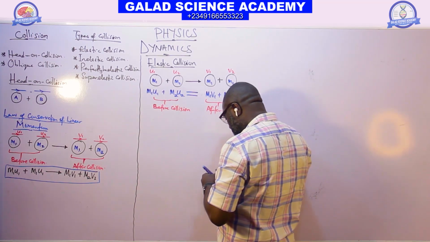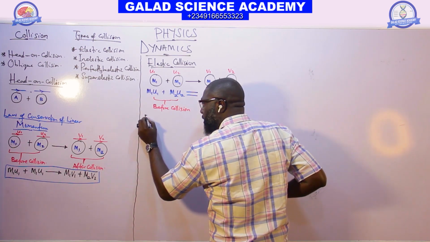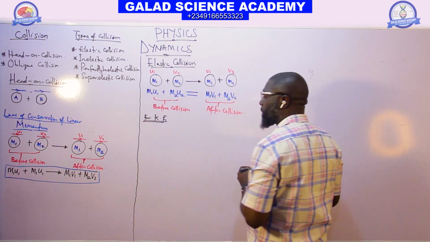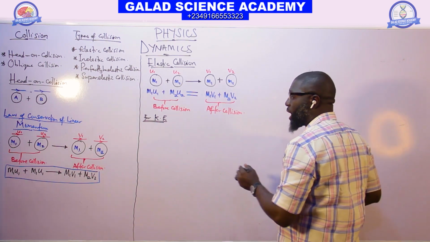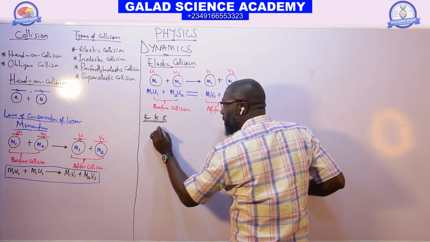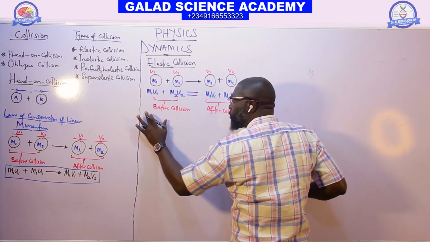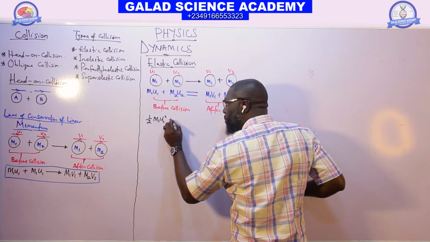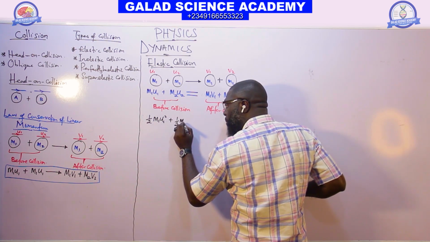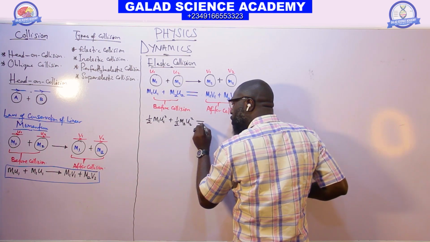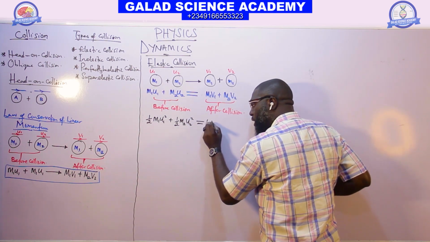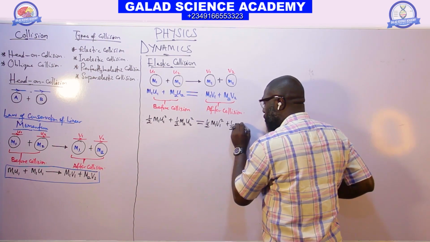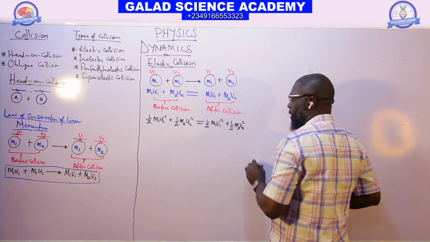Likewise, for kinetic energy, we can have half of M1 U1 square plus half of M2 U2 square, everything equal to half of M1 V1 square plus half of M2 V2 square.